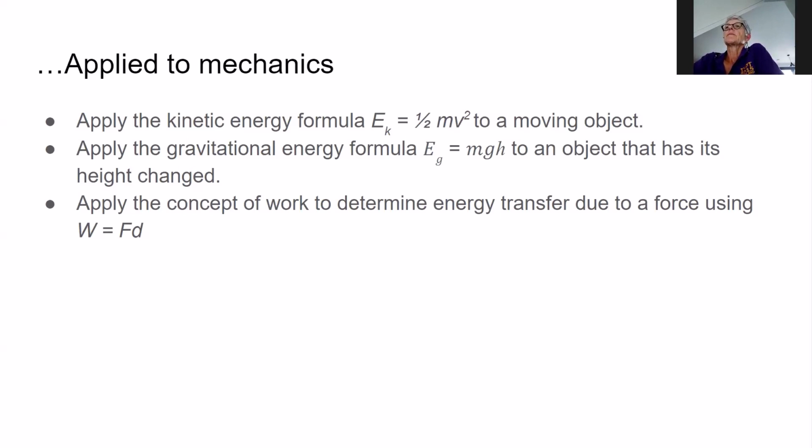But the 3 equations that are on the slide, half mv squared, mgh or delta h, and work is force times distance, allow us to ask the excellence level questions, where they have to work out how fast the ball's going when it hits the ground, at the instant it hits the ground, and things like that. But the emphasis is very much on the stuff that's more in the energy bar chart area, so the kids can access the concept without getting bogged down in the maths.